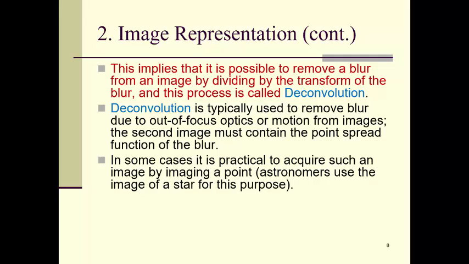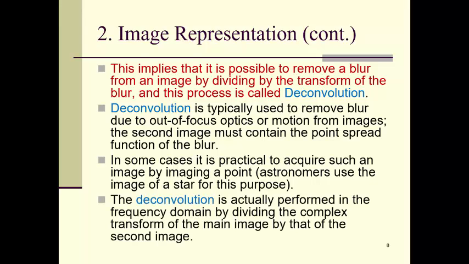In some cases it is practical to acquire such an image by imaging a point. Here we have talked about this. The deconvolution is actually performed in the frequency domain, by dividing the complex transform of the main image, here I mean the G, by that of the second image.